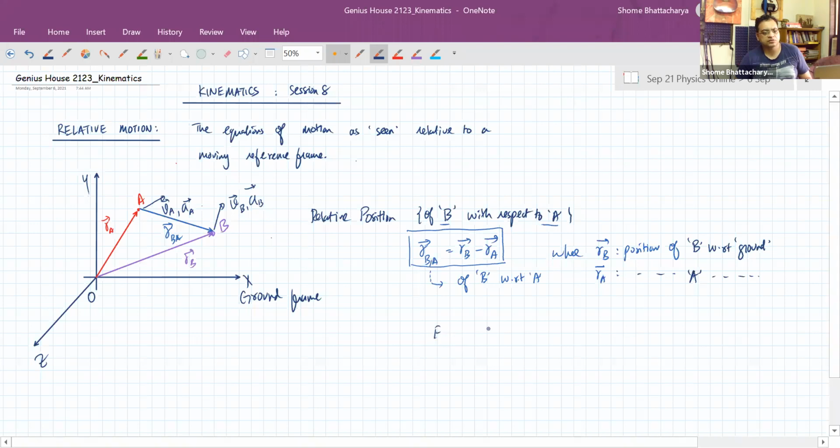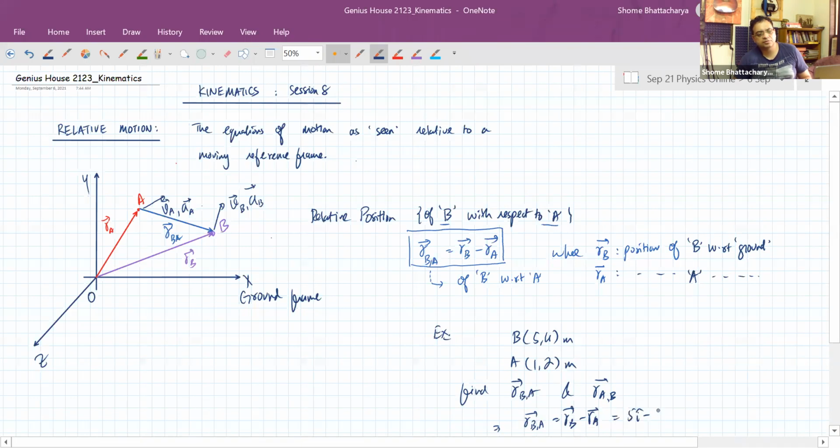So very simple. Suppose we have a situation where B is located at the point (5, 4) in meters, and A is located at the position (1, 2) in meters. We have to find the position of B with respect to A and also the position of A with respect to B. You can see here that rBA defined like this will just become 5 i cap plus 4 j cap minus (1 i cap plus 2 j cap).